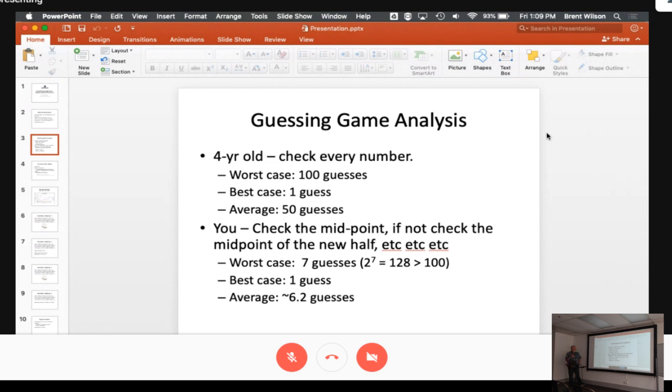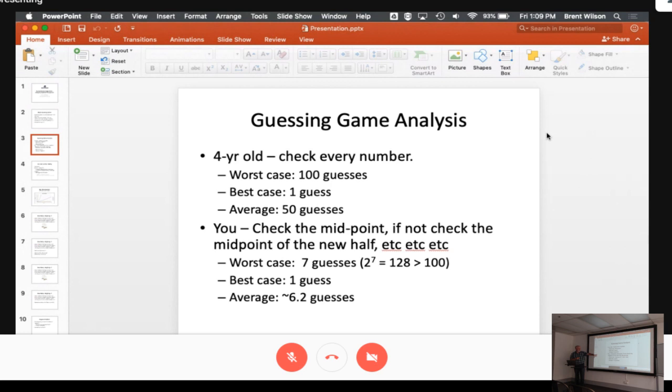The one we just talked about, where you check a midpoint, and if that's not correct, then you choose the midpoint high or the midpoint low, depending on which half you're in. Worst case, it's going to take you 7 guesses, because you're taking the data and cutting it in half each and every time.